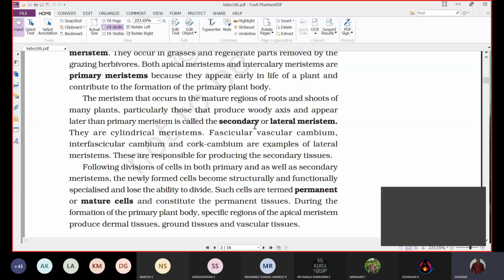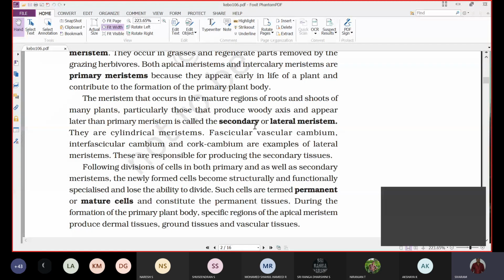In the plants which show a woody axis, or hard stems and hard roots, we find the development of certain tissues in the later period of their growth, and these tissues we call secondary tissues, and the growth we call secondary growth.